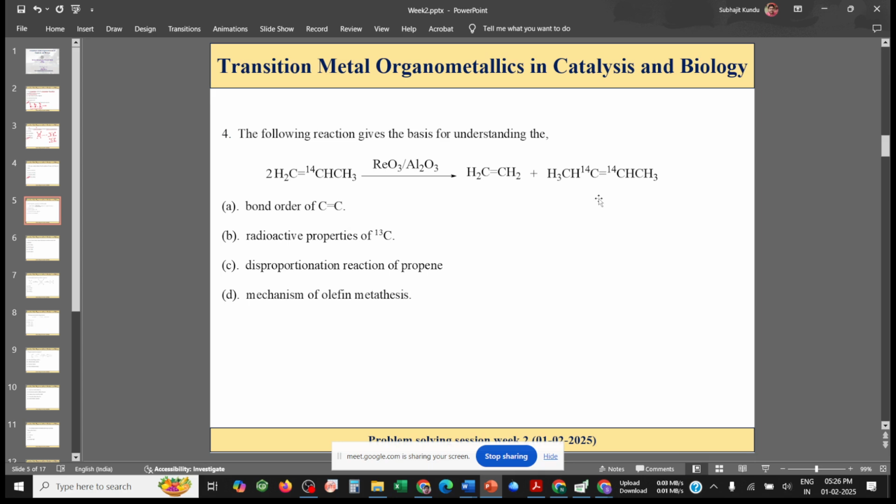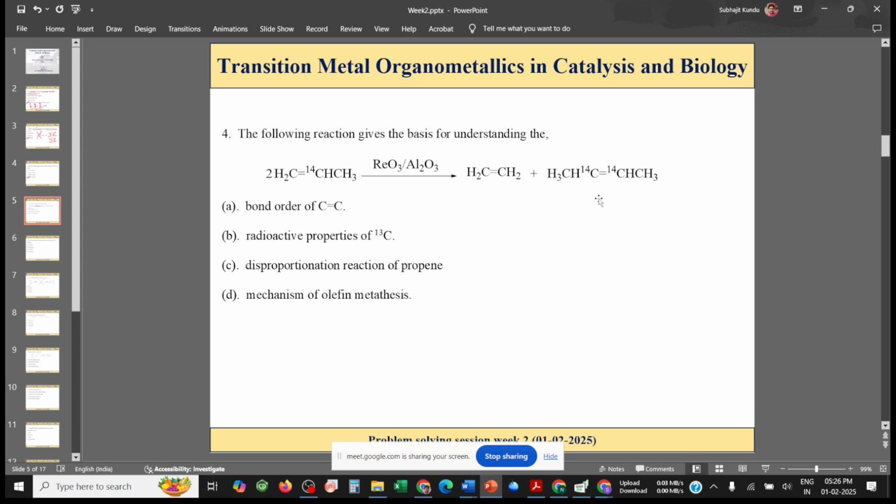Okay, so the following reaction gives the basis for understanding the bond order of C-C? No, the C-C bond order cannot be determined from the experimental purpose or the radioactive property of 13C. 13C is not radioactive at all. Disproportionation reaction of propene?